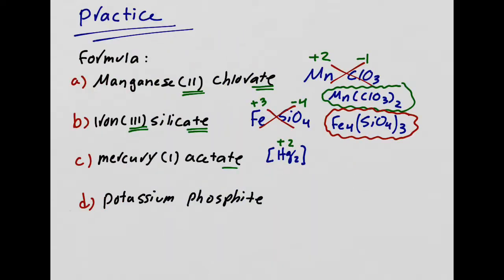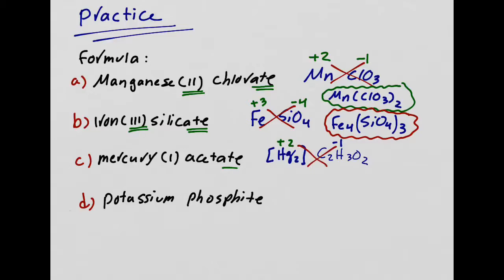So what I'm going to put over here is C2H3O2. Doesn't matter which one you put. And if you remember, the charge was -1. So I'm going to cross multiply the charges.